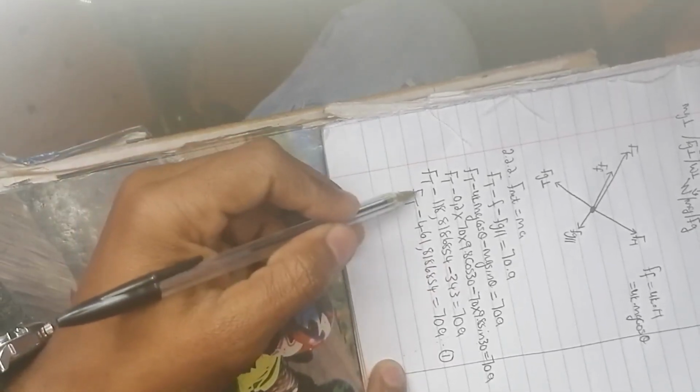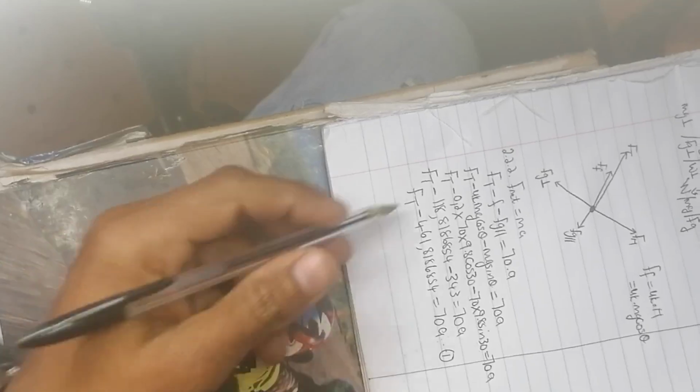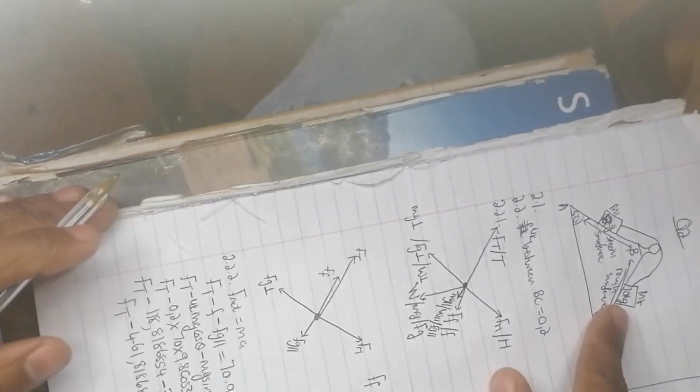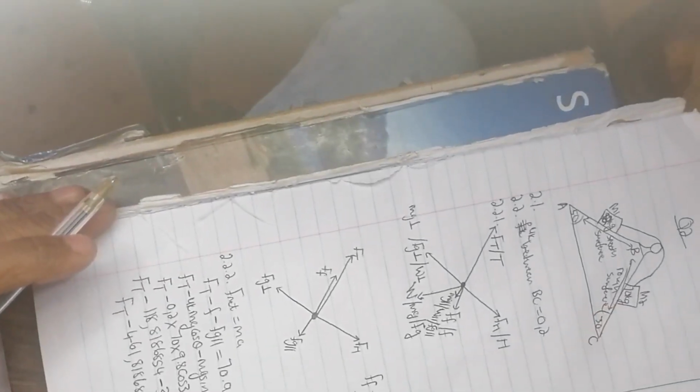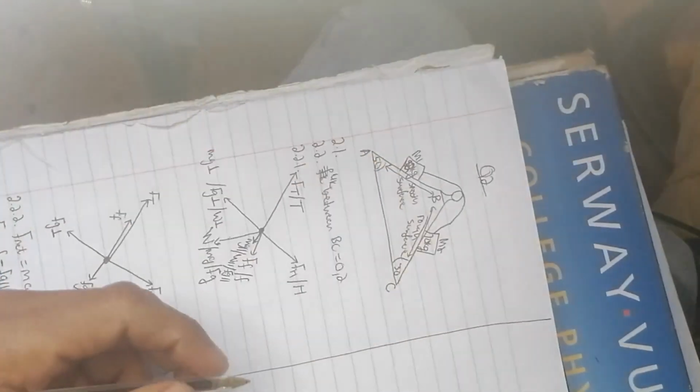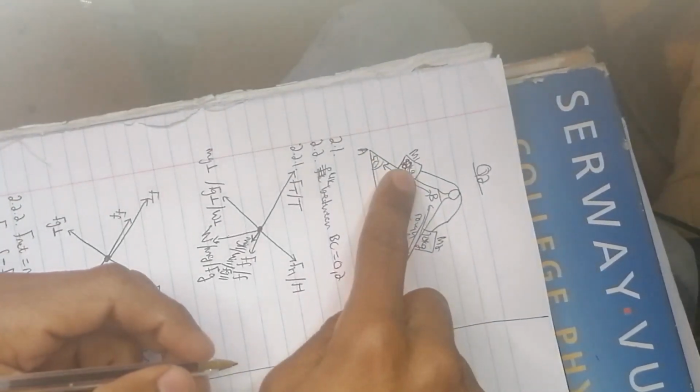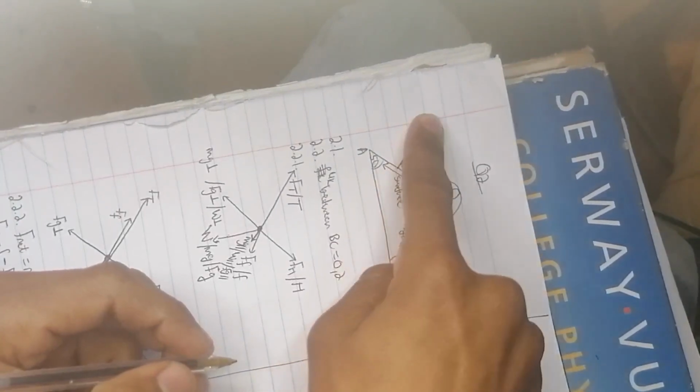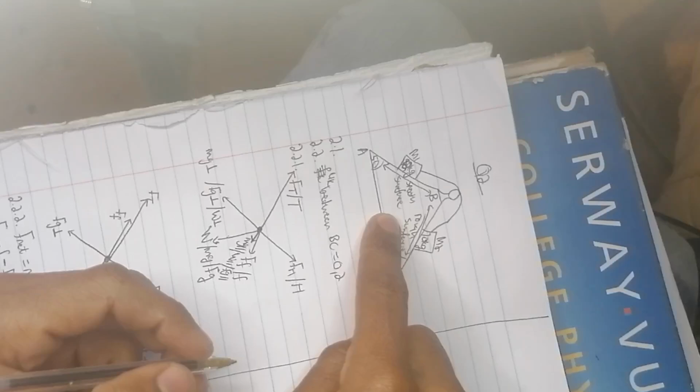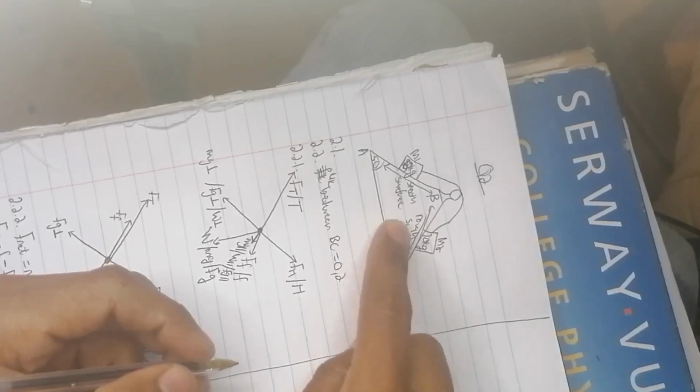I don't have the tension, I don't have the acceleration, so I can leave this as equation 1 for the 70 kilogram block. And I can now go to the 12 kilogram block, and I know that I have the normal force counterbalanced by the component of weight, which is Fg perpendicular.